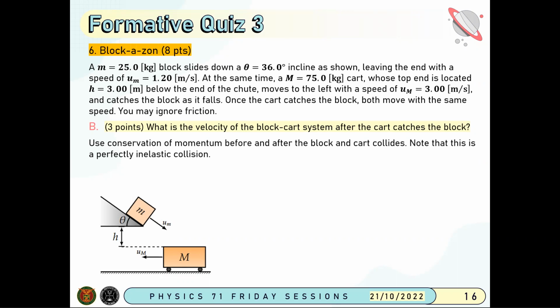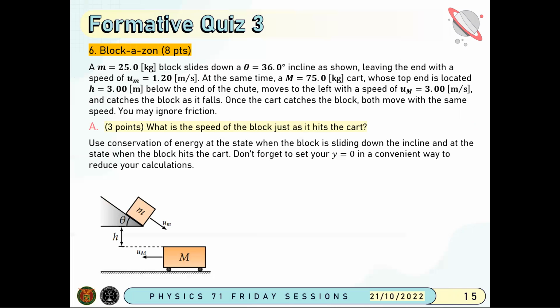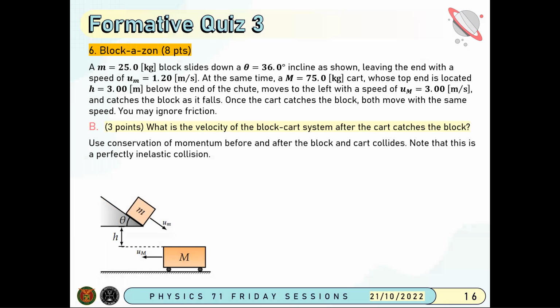So before yung sa letter A, hindi natin magamit yung conservation of momentum kasi hindi pa nag-hit si mass kay cart. Right? Before pa lang pag-hit. Dito, nag-hit na siya. Na-catch niya na ng cart yung block. So, nag-collide na sila.